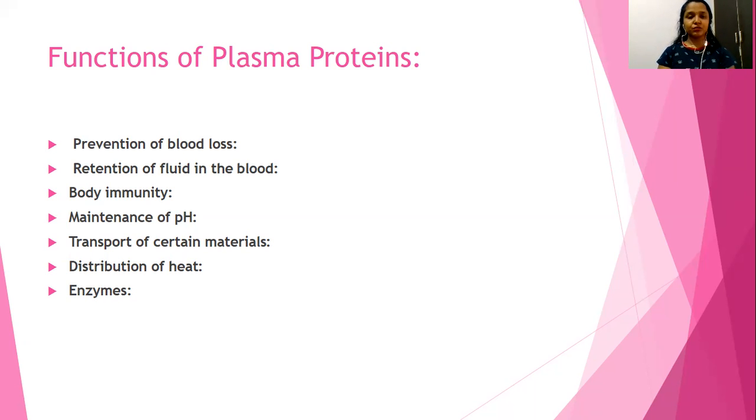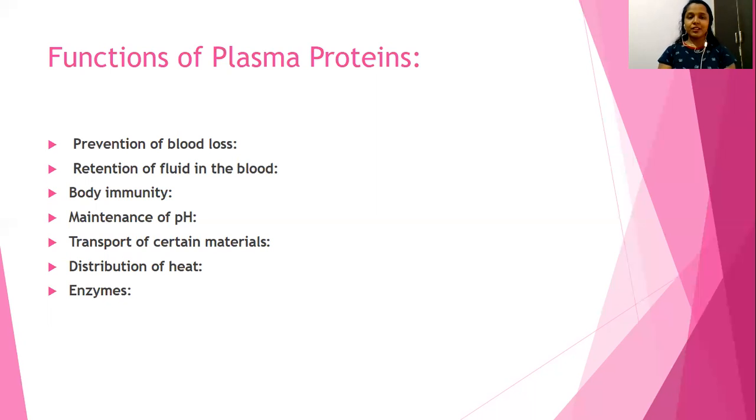I mean, the cells which need those hormones will receive them through the plasma. For this, I can quote an example like the thyroxine hormone. The thyroid gland, which is there in the neck region, releases the thyroxine hormone that will bind to the albumin in the plasma and reach the cell where the thyroxine is needed. So this is how the transportation of certain materials occurs in the plasma.